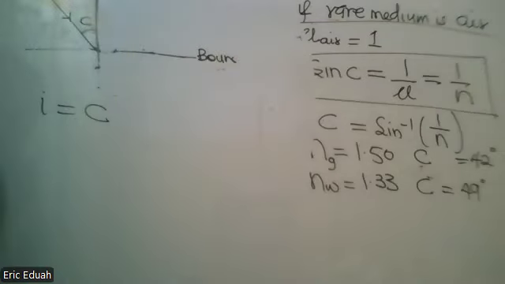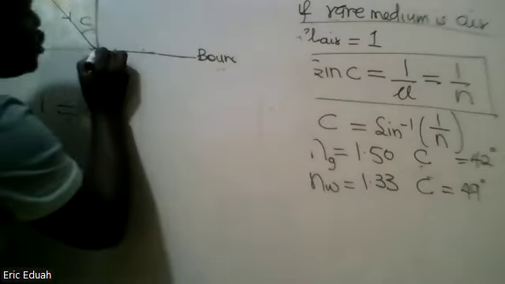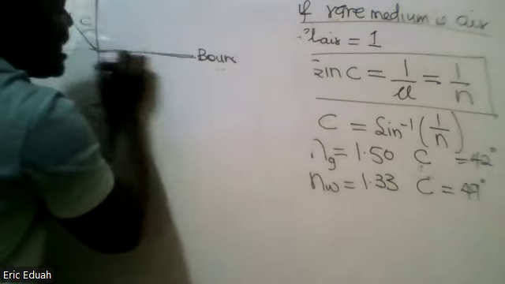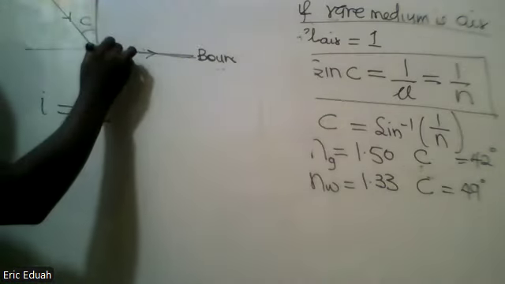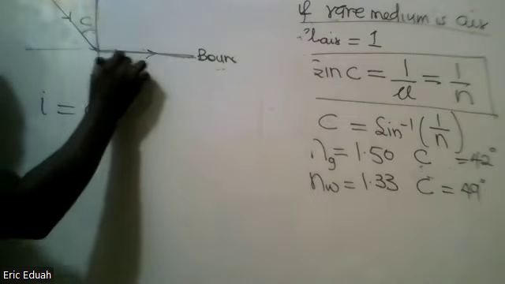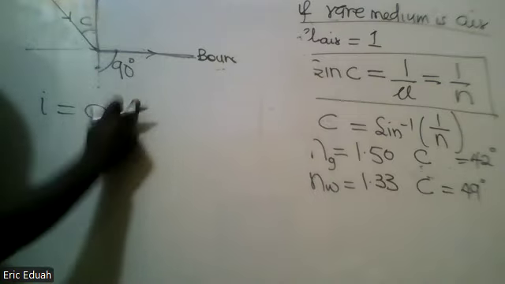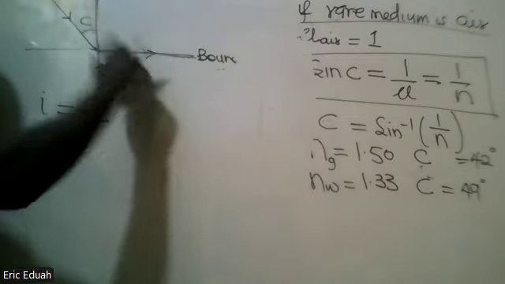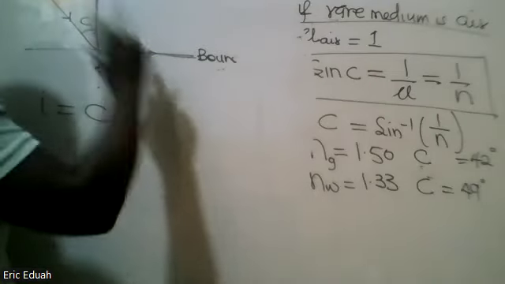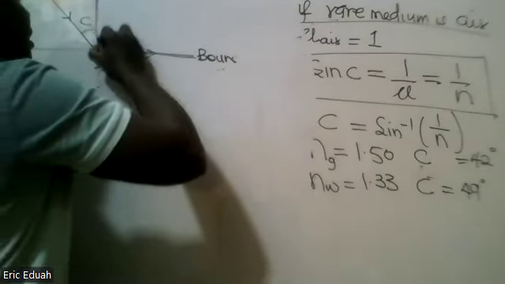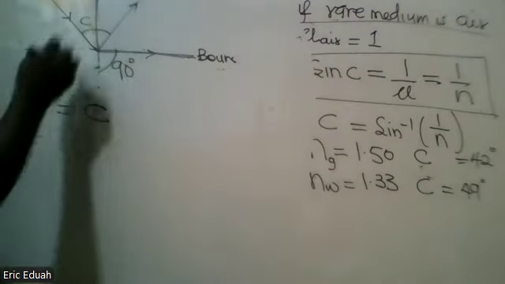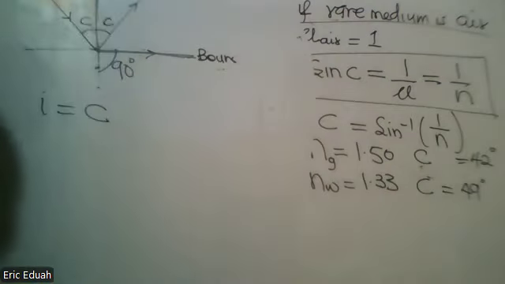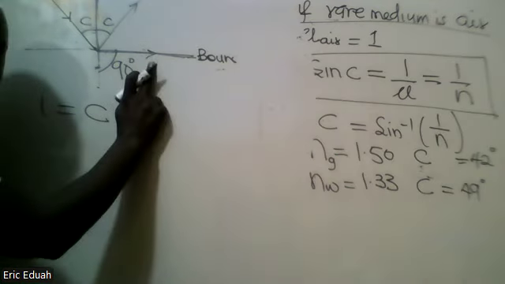If we have this, you wouldn't have total internal reflection, but you have a situation where the angle of refraction is 90 degrees. This is not total internal reflection, because with this we have a reflected ray, and we also have a refracted ray.